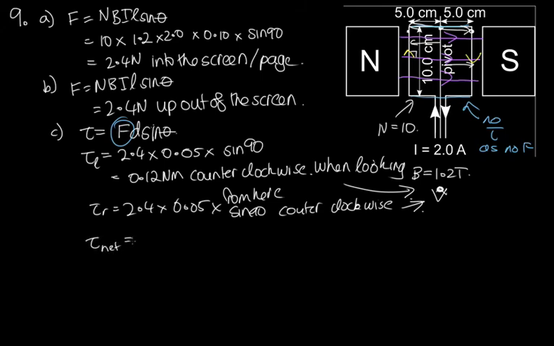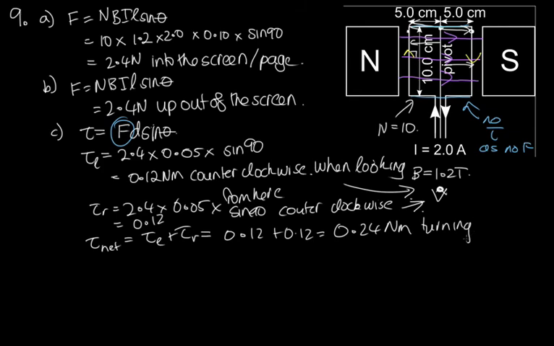So the net torque is equal to tau L plus tau R. Because they're going in the same direction, we add them together. So when we evaluate that, we've got 0.12 plus 0.12, which is equal to 0.24 Newton meters, and it's going to try and get it to turn counterclockwise when we're looking from this direction.